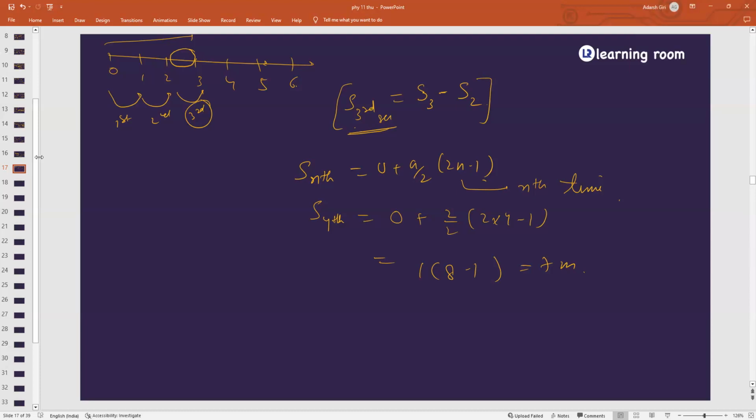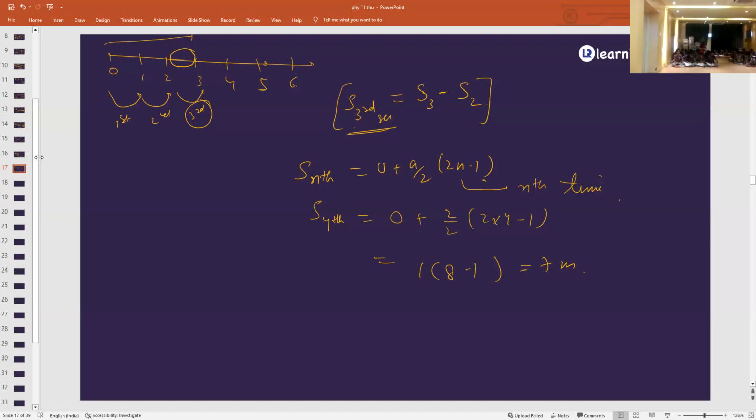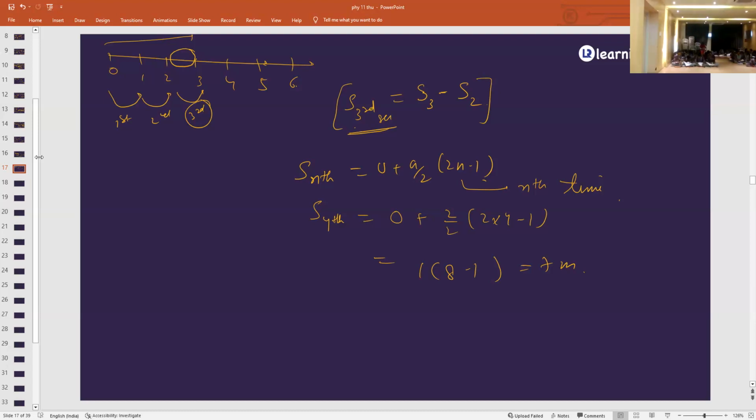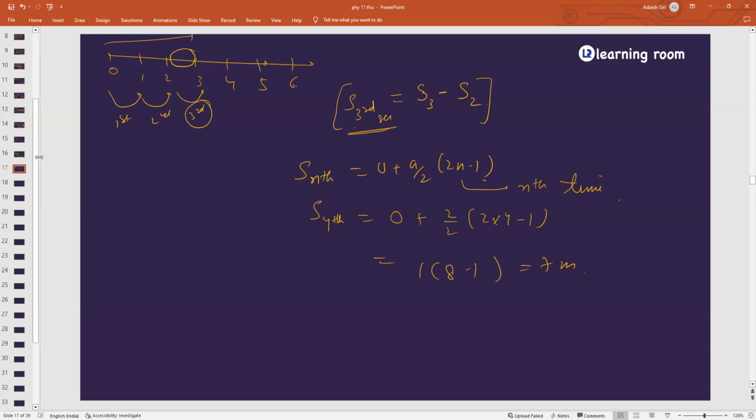Check the dimensions of this formula. Sir, we are working on it. Sir, the equation is not dimensionally correct, sir.